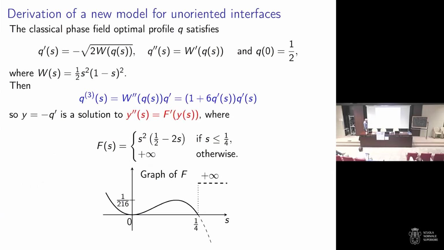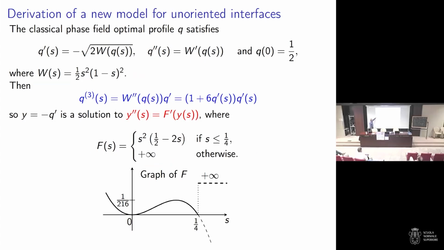It started from an observation by Elie Bretin that if you take the optimal profile associated with the classical phase field approximation, the Allen-Cahn equation. And so you know that Q prime satisfies this equation and the second derivative of Q satisfies this one. If you keep differentiating, then you get that the third derivative of Q is a solution to this equation.